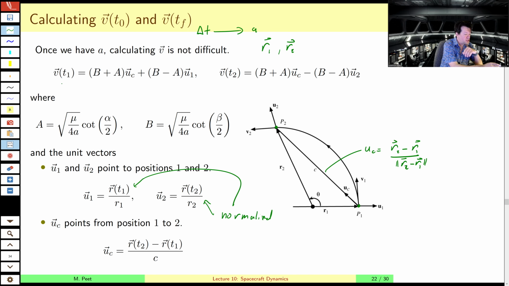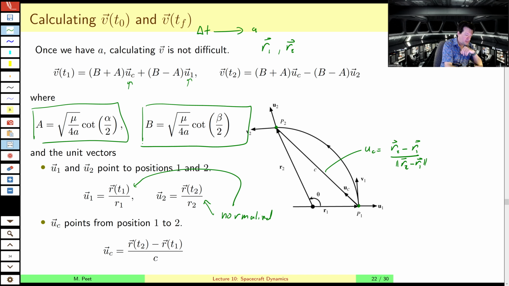So we can now express the velocities at time 1 and time 2 in terms of coefficients and these unit vectors. So in particular, the coefficients at time 1 are a combination of the unit vector at 1 and this UC. And the coefficients are actually quite simple, just B plus A, B minus A, where A and B are given by these values right here, where these alphas, remember, are the same ones in Lambert's equation, for the value of A that you obtained.